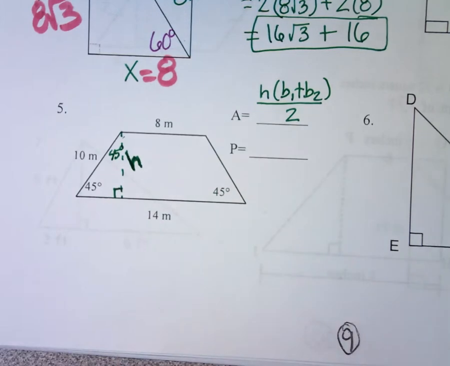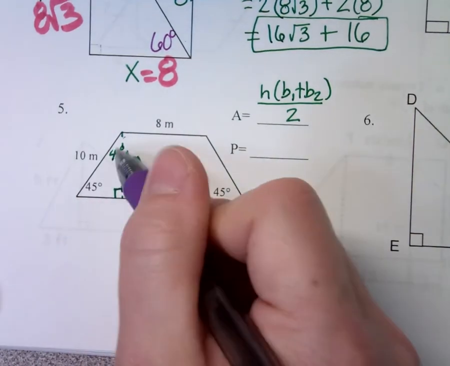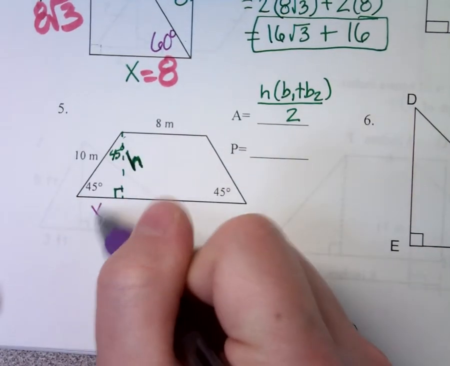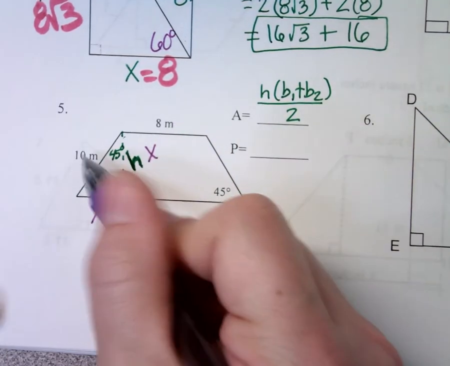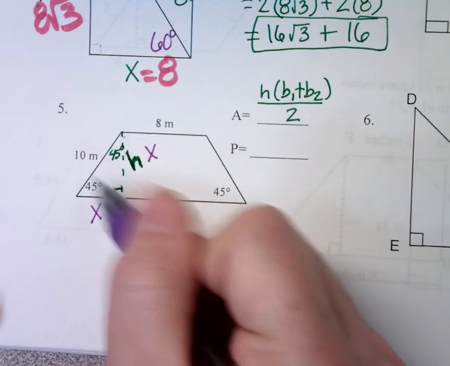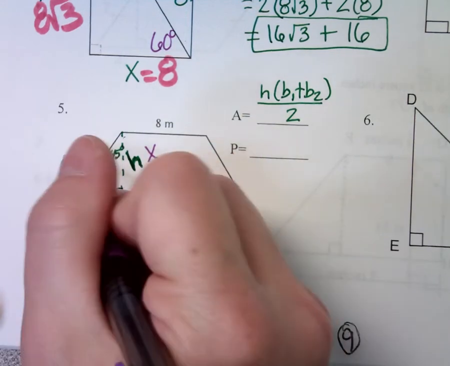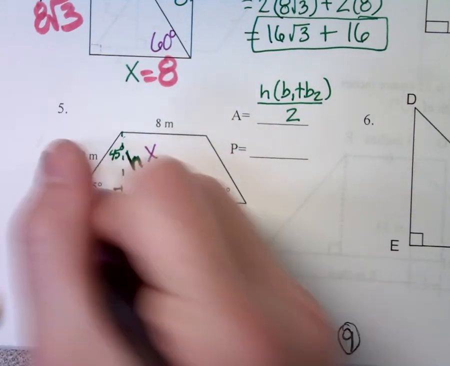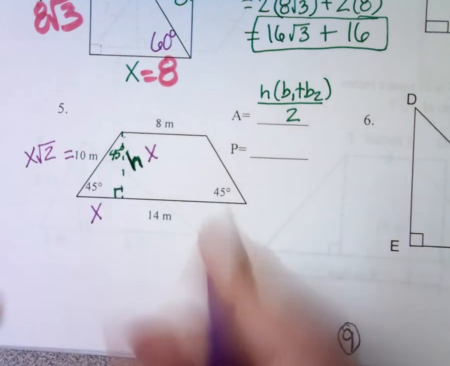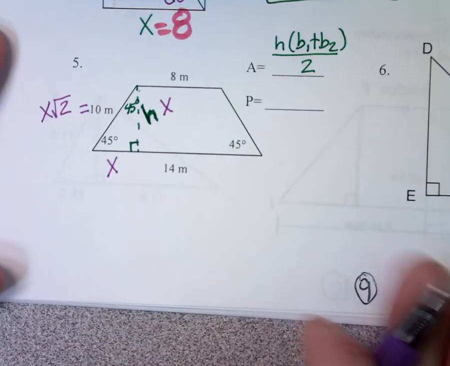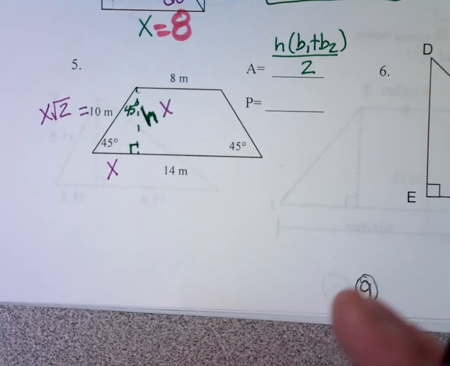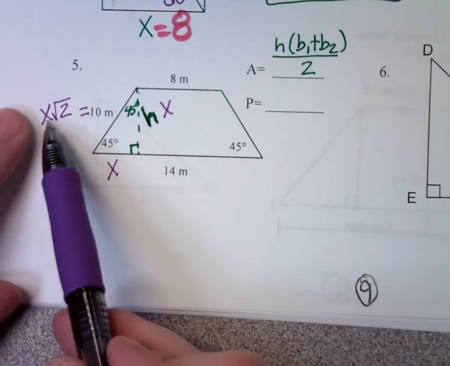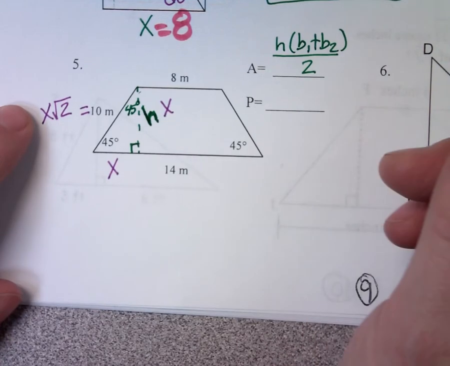Across from the 45, what do we label it with? X. Across from the other 45 will be X. And across from the 90? X square root of 2. Because there's already a number there, put equals X square root of 2. Okay, my goal is to get X by itself. I don't want to use calculators. I want to do all of this in simplest radical form. Tristan, can you tell me, to get X by itself, what would I do?